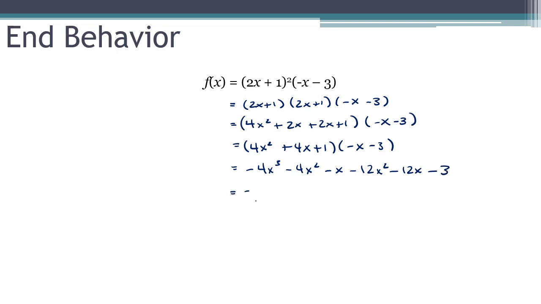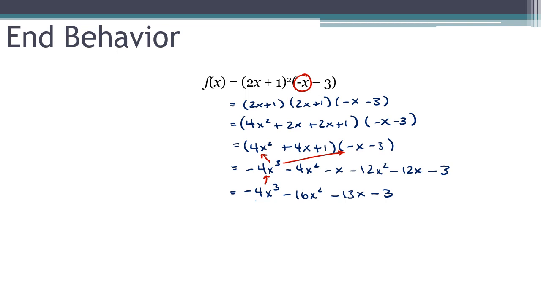And we combine our like terms: minus 4x cubed minus 16x squared minus 13x minus 3. Now let's back this up. Let's follow the trail backwards again. This minus 4x cubed came from here and here. Notice that minus x was the first term in that factor.